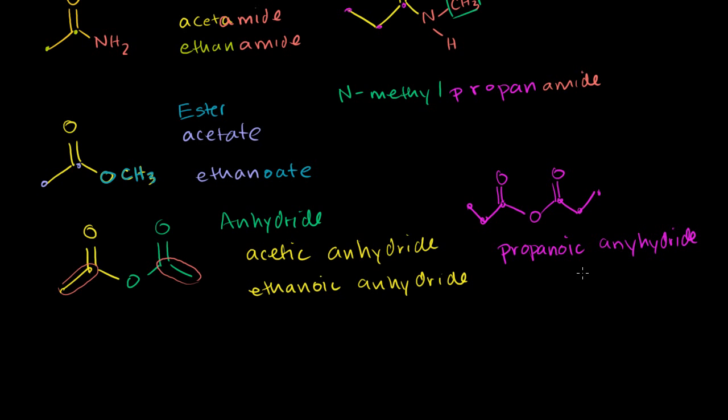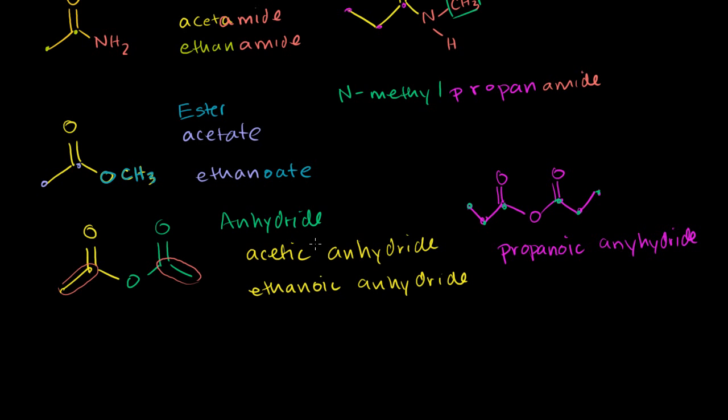In the unusual circumstance, and it is unusual, where you would see different carbon chains here, you would list each of them. So if this had 2 here and 3 here, it would be ethanoic propanoic anhydride. But that is very, very unusual. Normally, the carbon chains on both acyl groups will contain the same number of carbons.